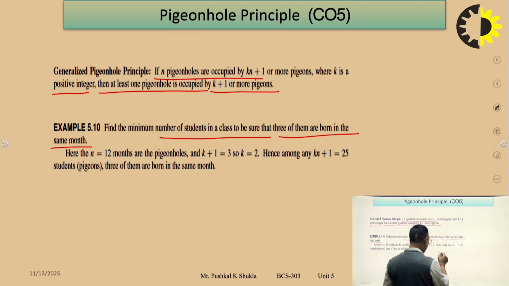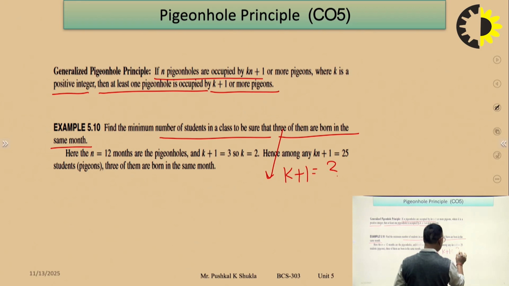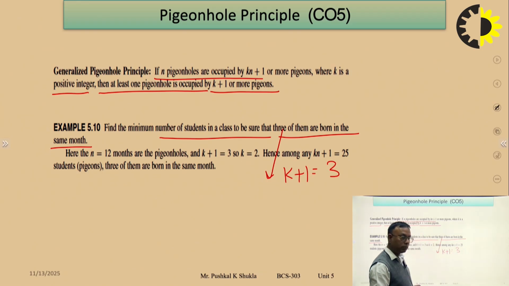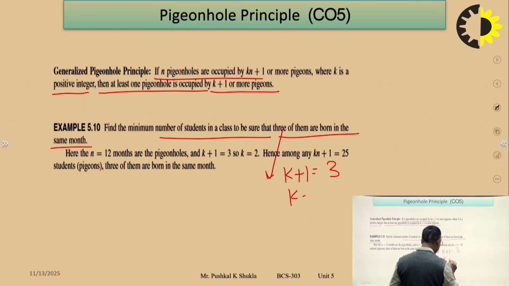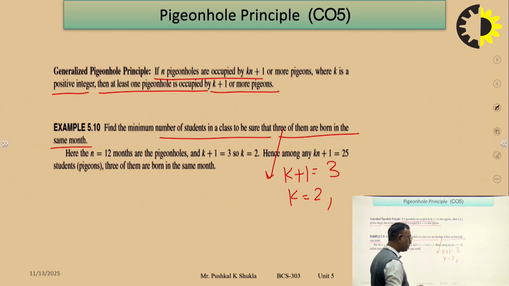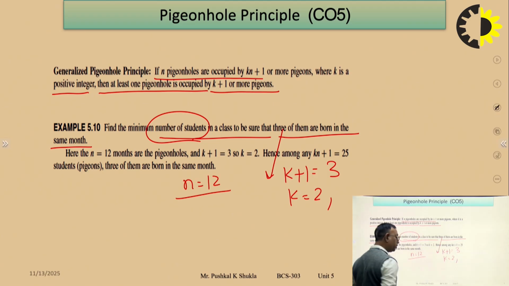Here k plus 1 is the number of pigeons, so k plus 1 equals 3, so k equals 2, a positive integer. We want the minimum number of students, and n equals 12, because in a year 12 months are there, so the pigeonholes are 12.